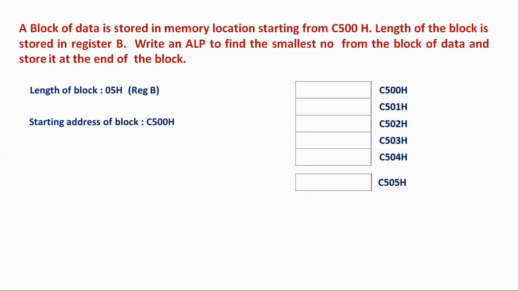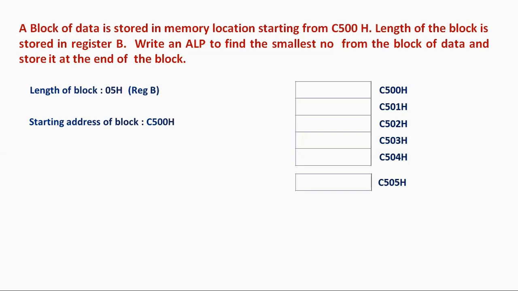And if A is less than M, it means the smallest number is already in the accumulator, so no need to change the data of the accumulator. This is the logic we are going to use to find out the smallest number from the given block.